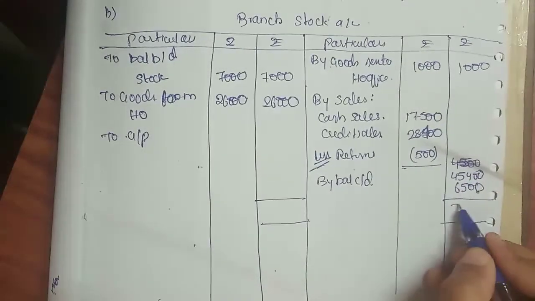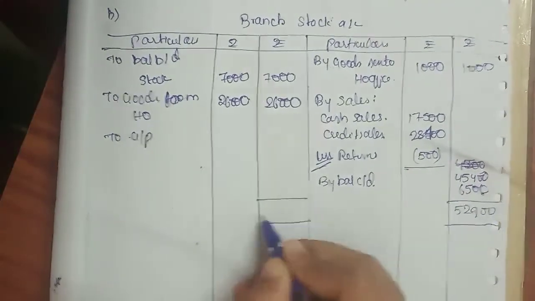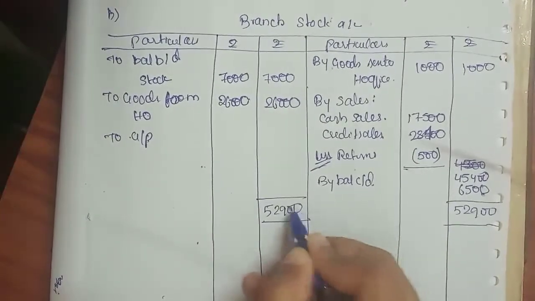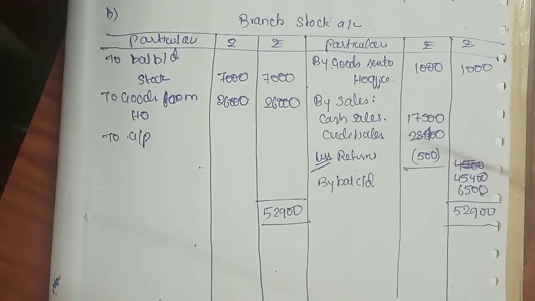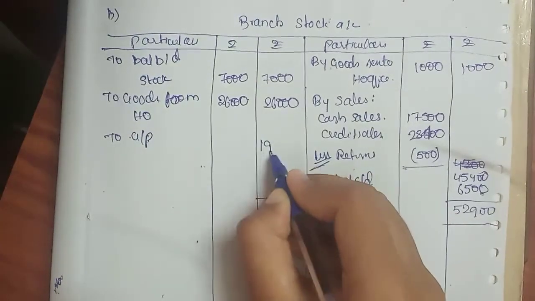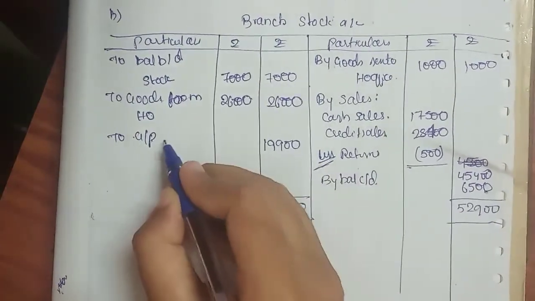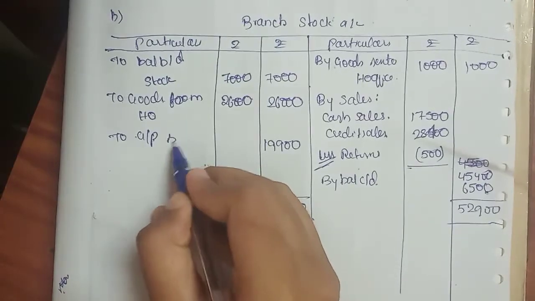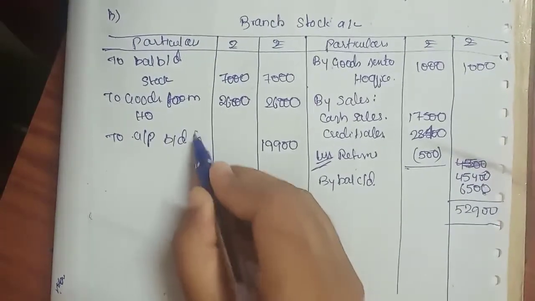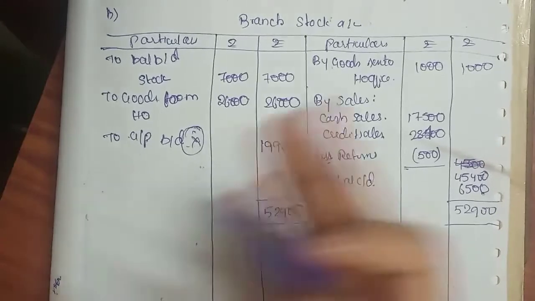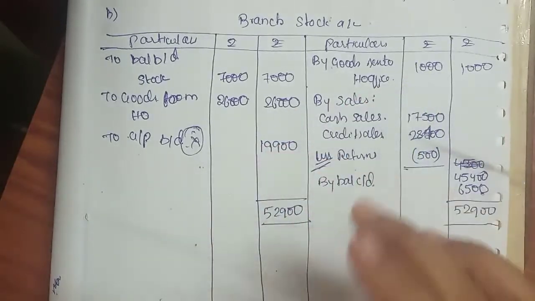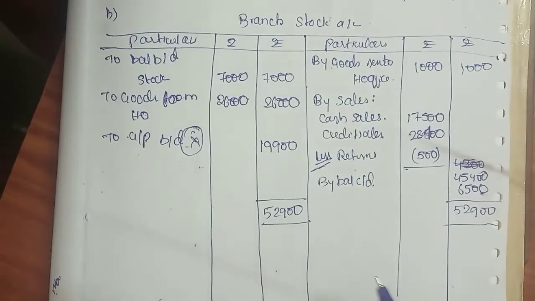So the total is 52,900. 52,900 minus 7,000 minus 26,000, we get profit of 19,900. So this is gross profit brought down. This we will take to the P&L account, but we are making it separately. That's why we are not carrying it down here.